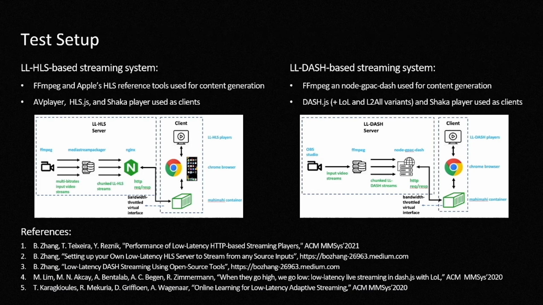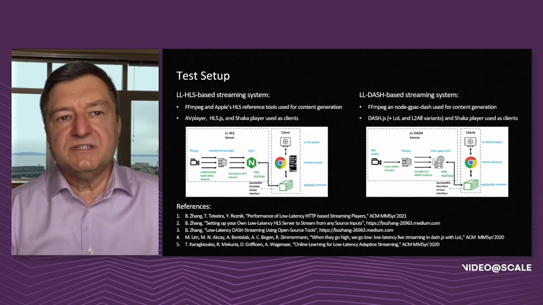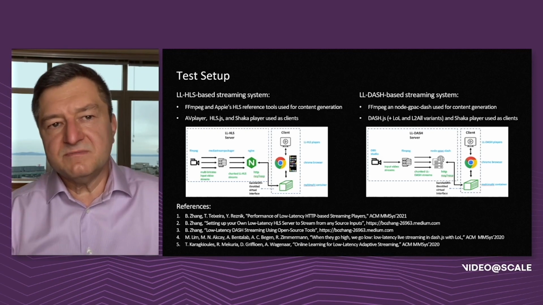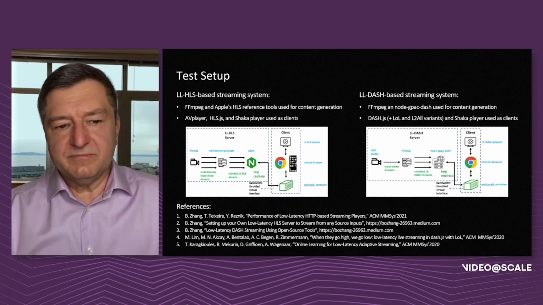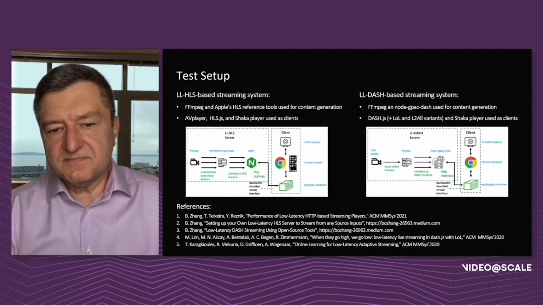And for low latency DASH as clients, we used Dash.js, including two variants, so-called L2All and LoL algorithms, which are machine learning-based ABR selection algorithms that were proposed last year at ACM Multimedia. The couple of papers that we list here at the bottom provide exact references.